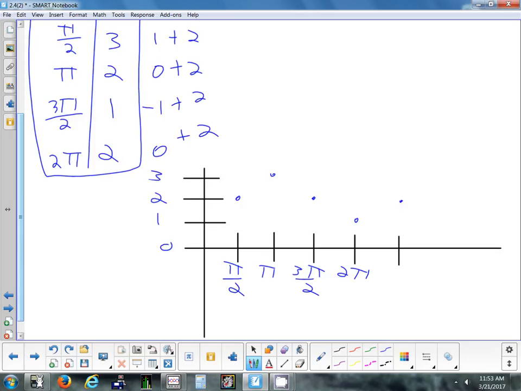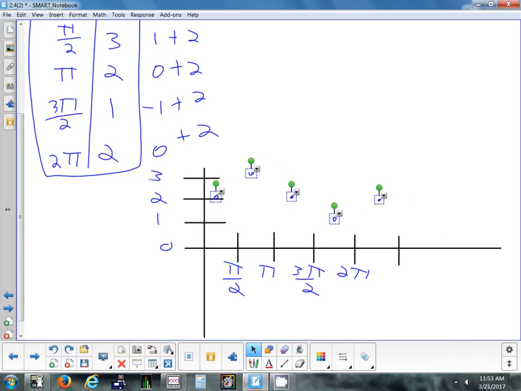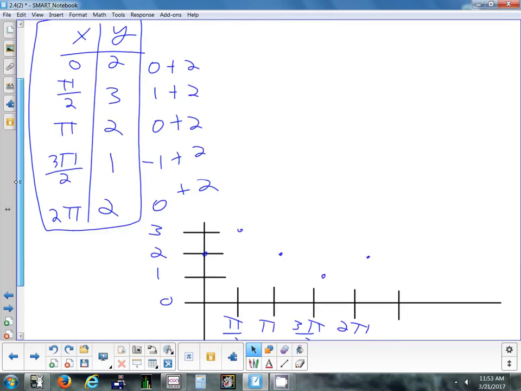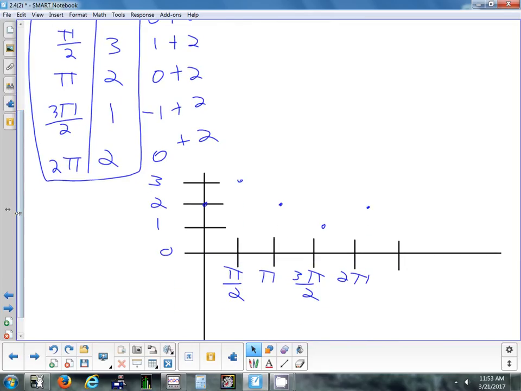I know I'm off by 1. I can just shift them over. Okay, let's see. Is that right now? Yep. Okay, and just connect them. And that's the sine function shifted up 2 units.